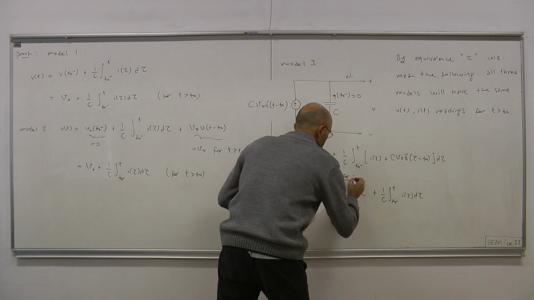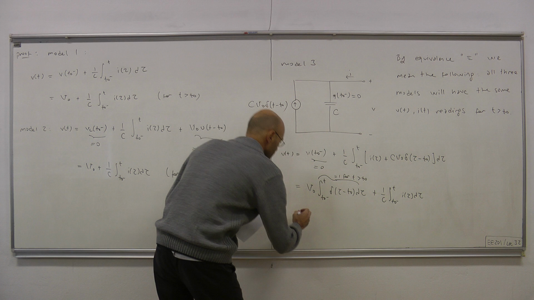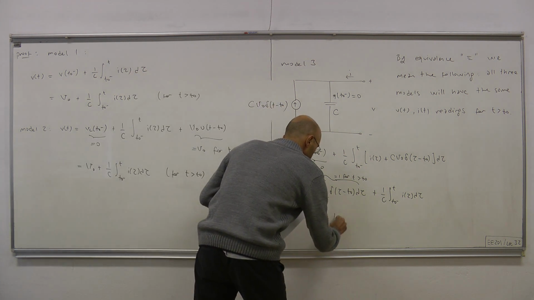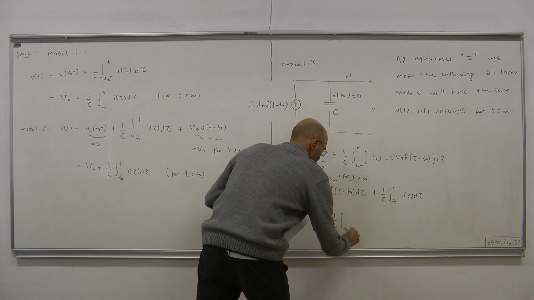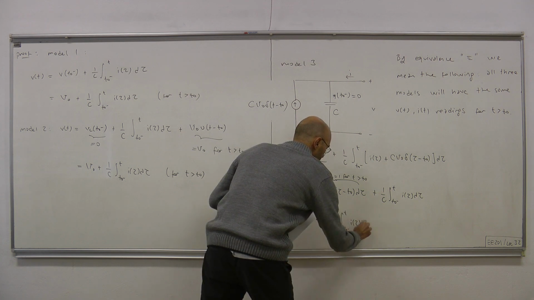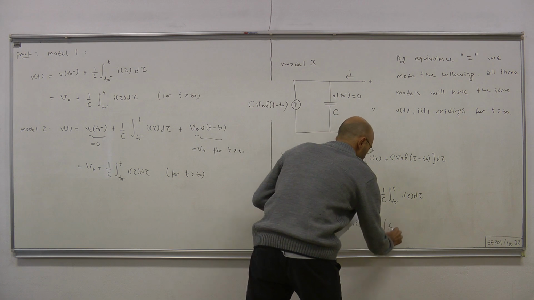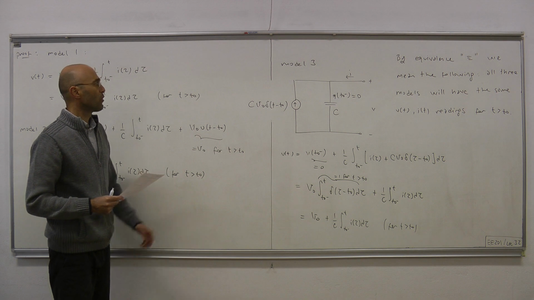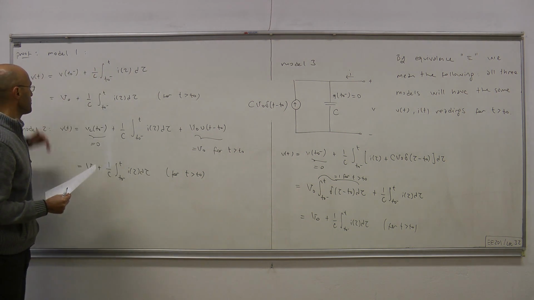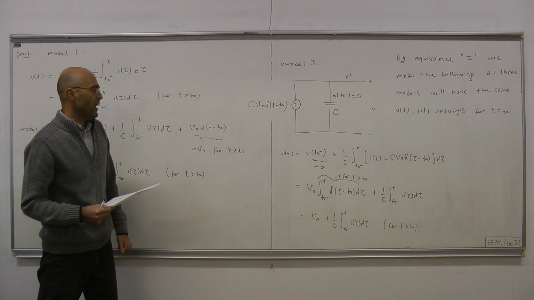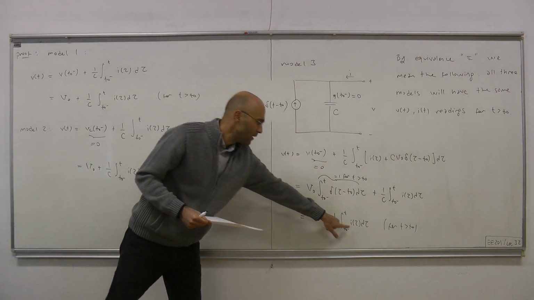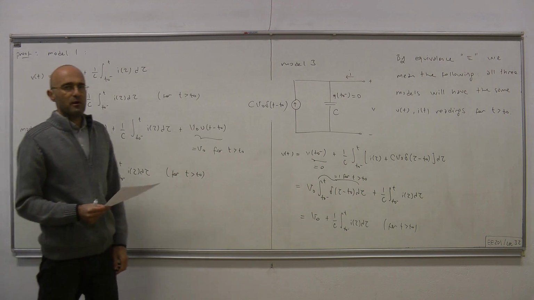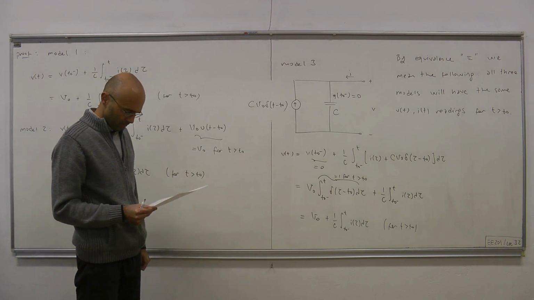Therefore, this equals V0 plus 1 over C integral from T0 to t of I tau d tau for t larger than T0. Therefore, for all three models, model 1, model 2, and model 3, we have the same voltage current relationship, and we can therefore claim that those three models are equal.